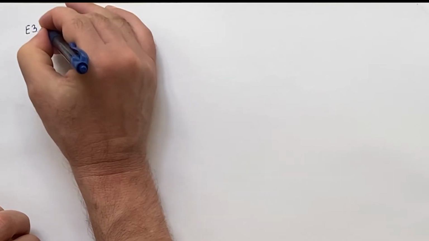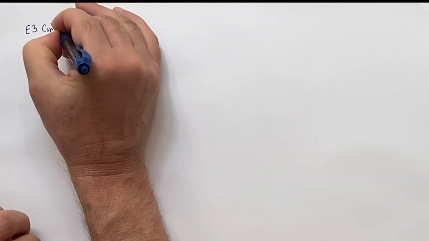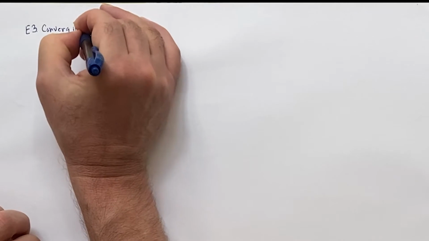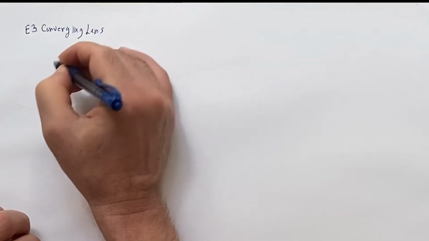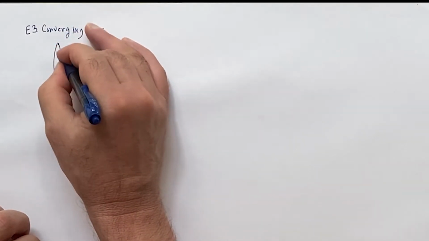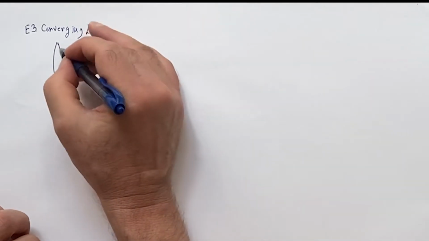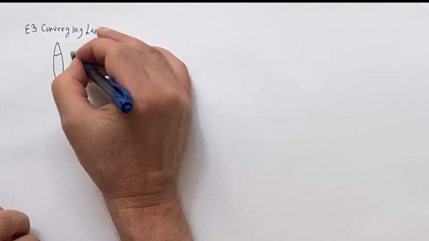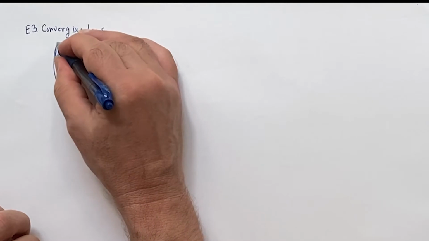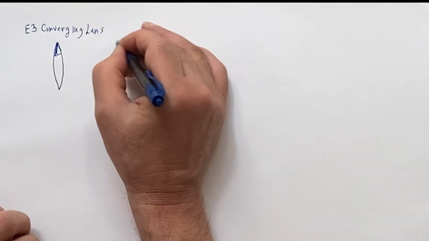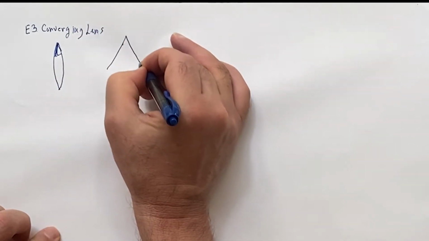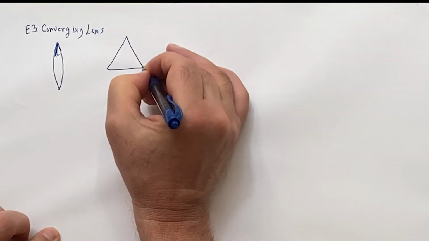So section 3, we have the converging lens. And here, if we look at this cut for the converging lens, at the top here, if we just break this apart, at the top, that's kind of like a triangle. So that's a prism that's going to look kind of like that, all right?